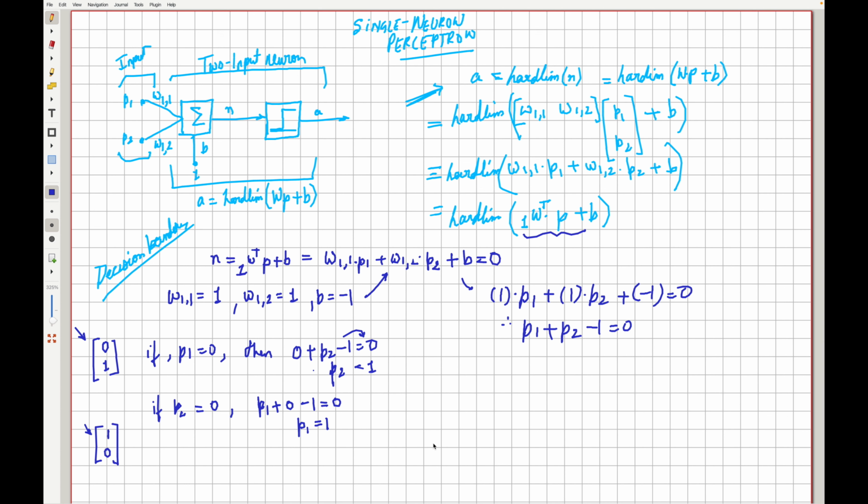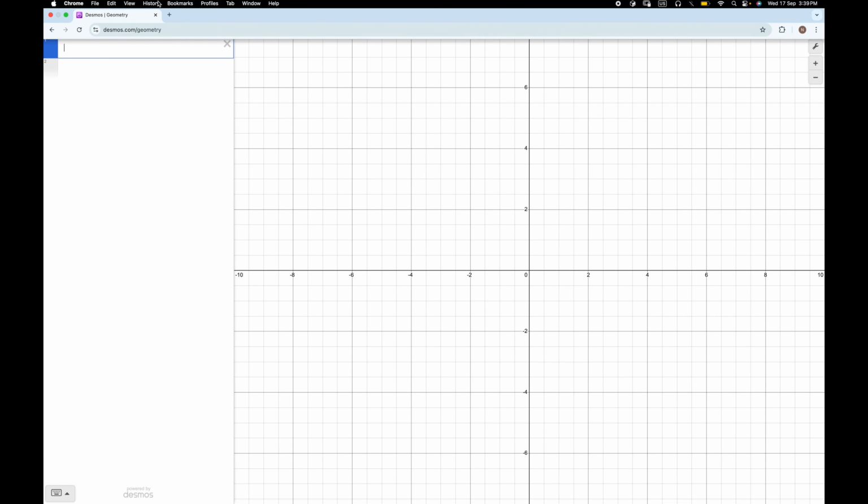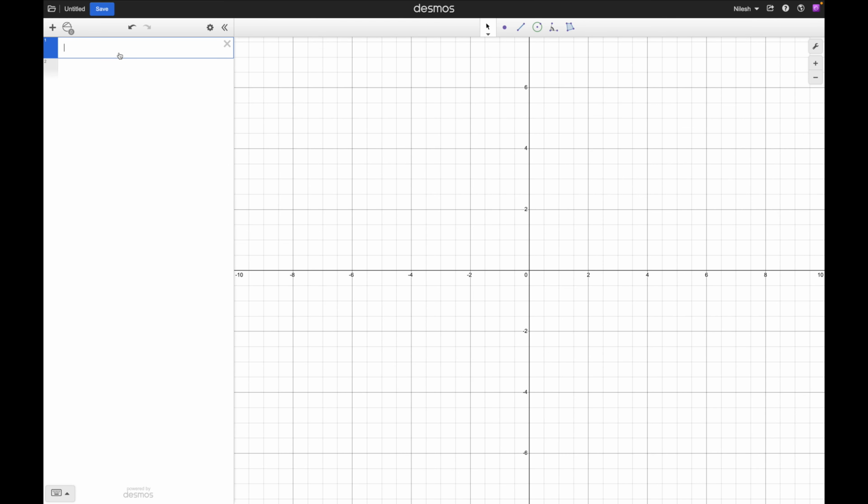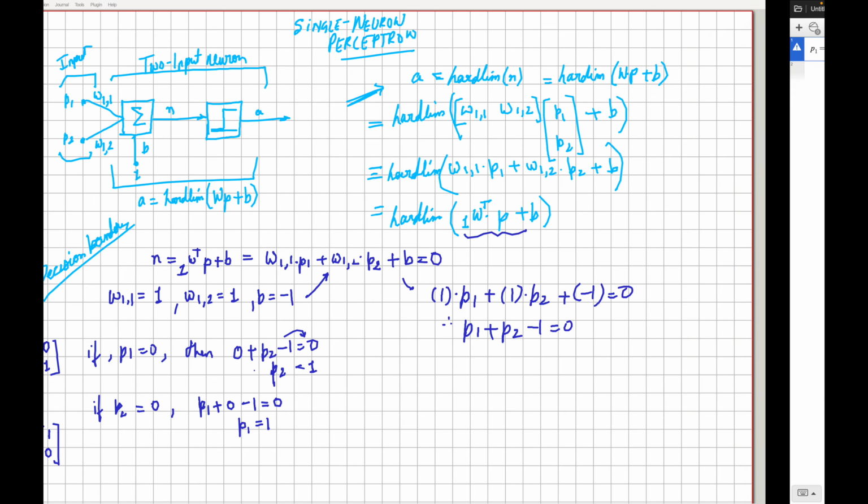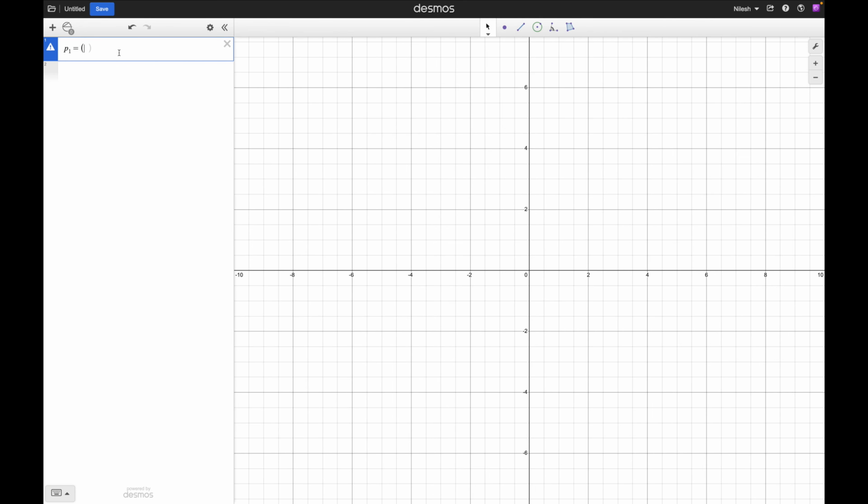Now with just this information, we can see if we can plot our decision boundary geometrically. So I'm here in Desmos, and we can plot our points. The first point that we have is p1, which we said is equal to 0, 1, and that's the point we have. The second point, p2, is equal to 1, 0.